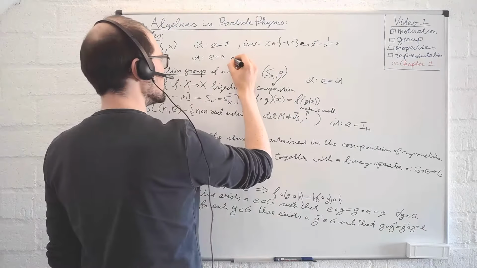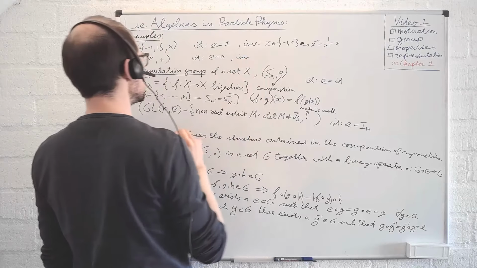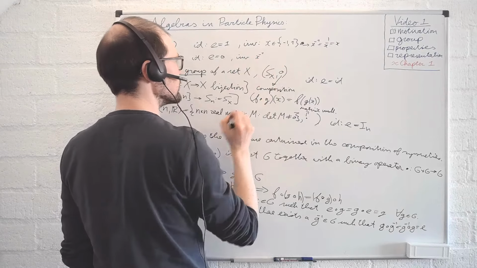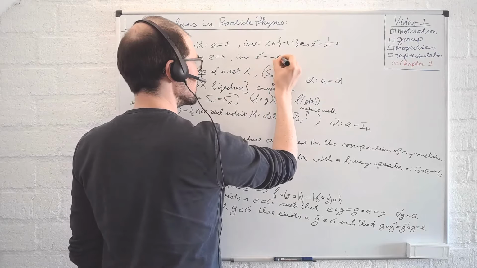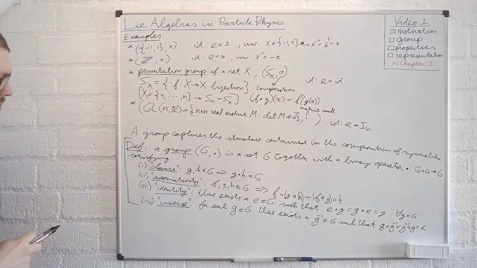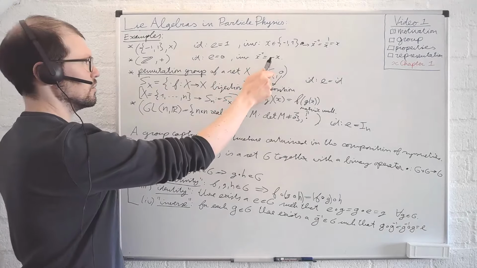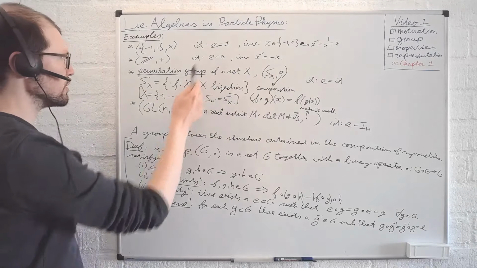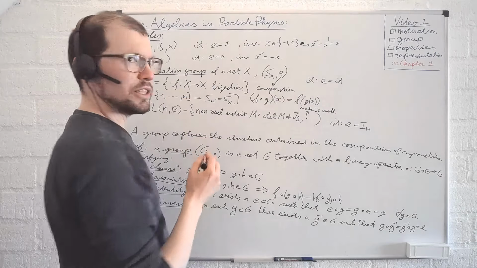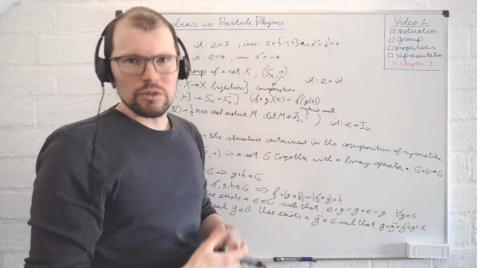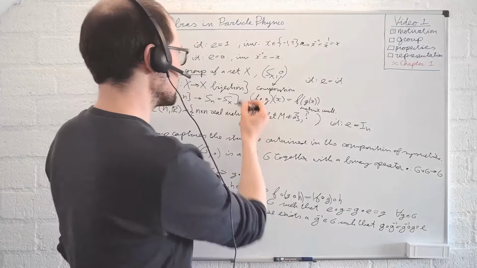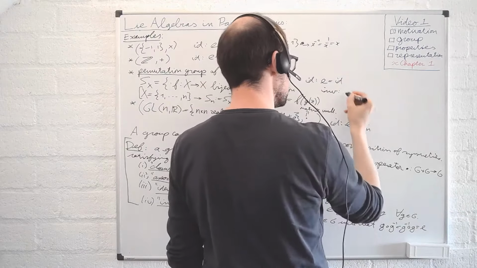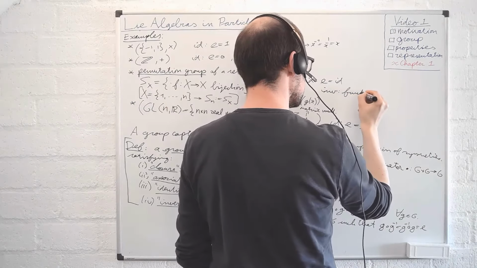The inverse for addition: x inverse is minus x, because that's what I have to add to x to get the identity, which is 0. For the permutations, the inverse is going to be the inverse mapping, so the inverse here is just the functional inverse.